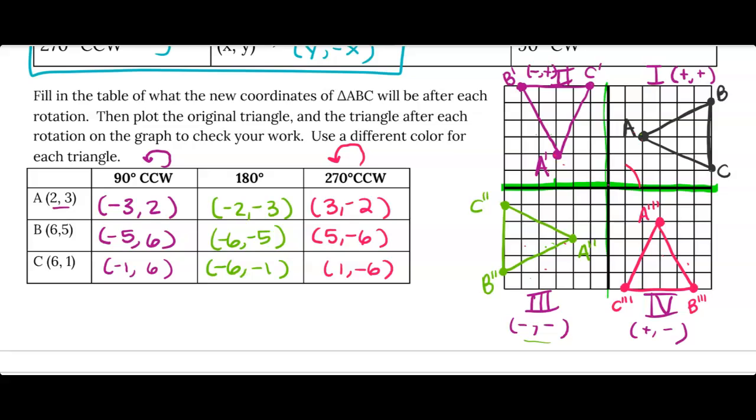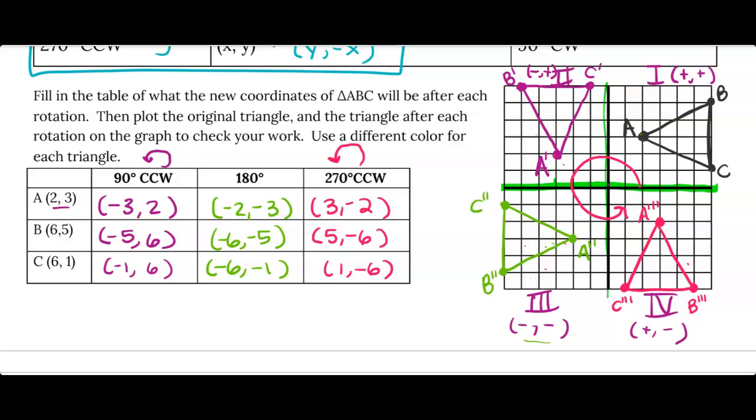Just remember, counterclockwise goes backwards for a clock, and each quadrant is a 90-degree rotation. It gets a little tricky when it's a figure within 2 quadrants, but whatever quadrant your point starts in, just think about what quadrant it should end up in.